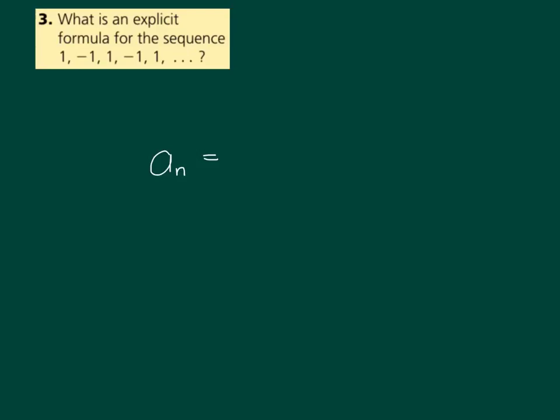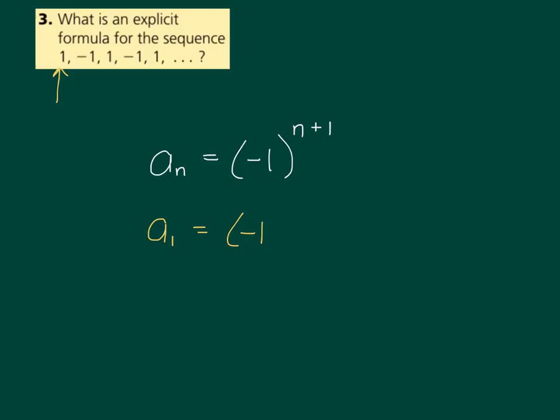When you have signs that are alternating, like we have here, positive to negative, back and forth, you should understand that it's going to be negative 1 raised to some power. In this case, that power is going to be n plus 1. The reason that we know it's going to be n plus 1 as opposed to just n is because we know the first term is positive 1.